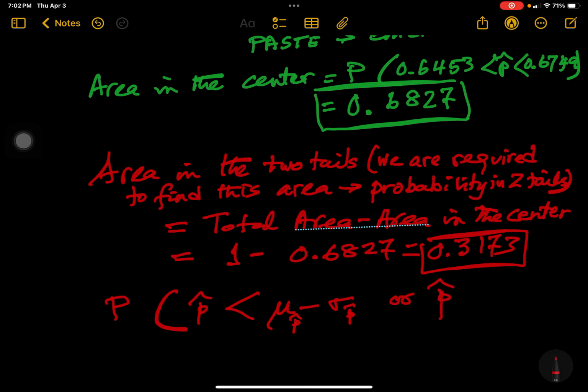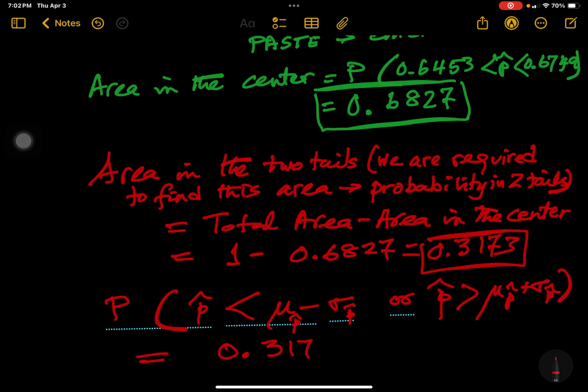Or means they are mutually exclusive. They're not happening together. Because we do not know which one is happening, therefore we are adding the probabilities. This is equal to 0.3173. This is your final answer.